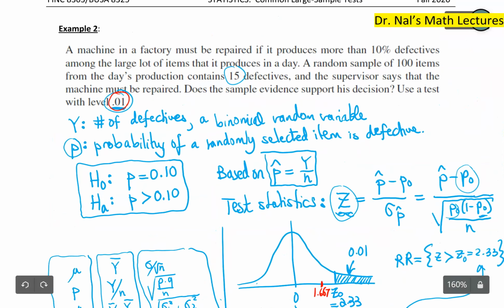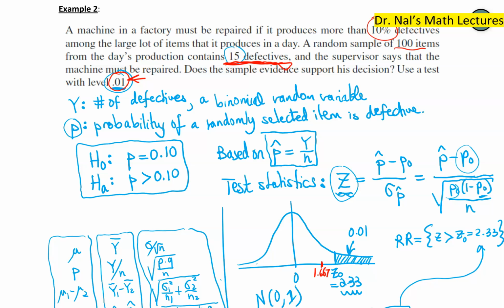We kind of feel sorry for the supervisor, because remember, the supervisor is complaining that the machine is not working right. And the upper management, the CEO, said to only repair the machine if it creates 10% defective products. In our sample, it created 15 defective products from a sample of size 100. That's not enough evidence to convince the CEO to repair the machine. Keep doing your job. The reason is that our significance level is so low.